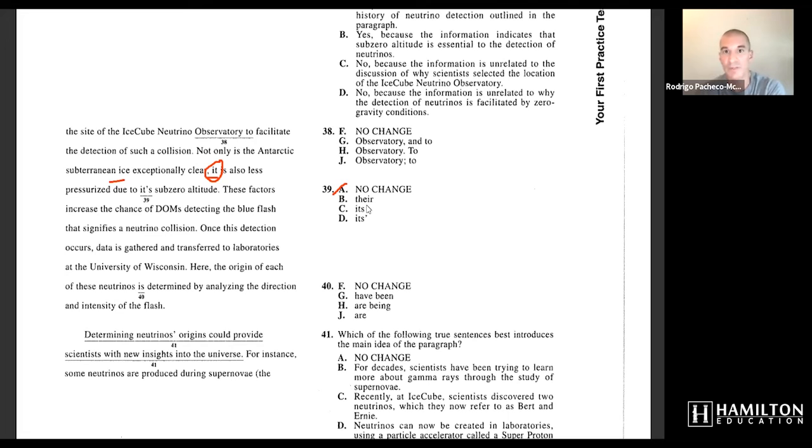B, there, this is possessive, but it's plural, and what we need is singular. That's going to be C. C is our correct answer. This is the pronoun that we need. D, this word just does not exist. This is already possessive, so the apostrophe here suggests that we're making it possessive, but it's possessive as it is, so we can also get rid of D.